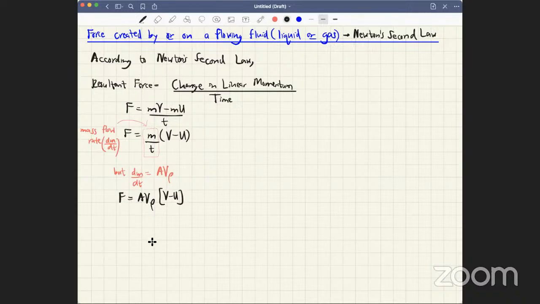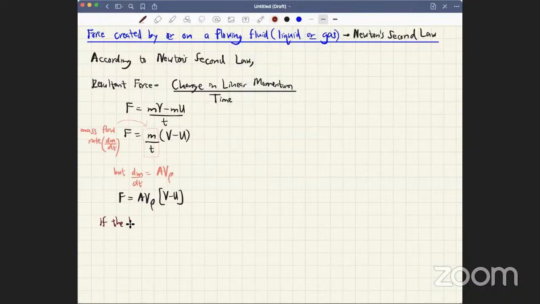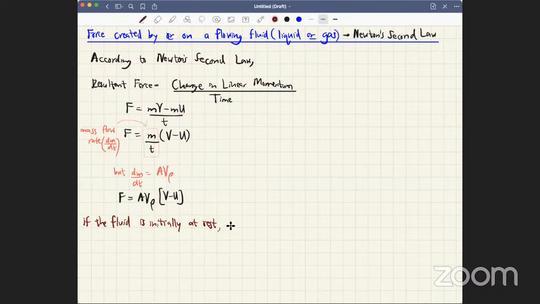There are instances where liquid will be initially at rest, people. So if the fluid is initially at rest, what will happen? If your fluid is initially at rest, air or water for that matter, U is going to be zero.